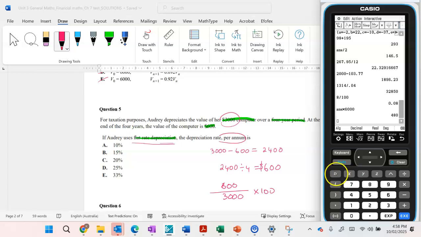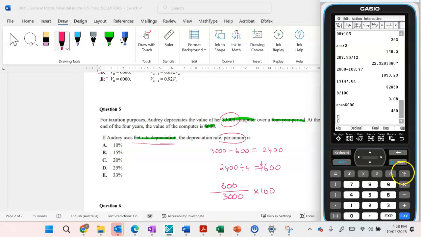Let me type this in while I think. Our depreciation rate, that's the word I was looking for, times 100, or rate of depreciation. All right, so 20%.